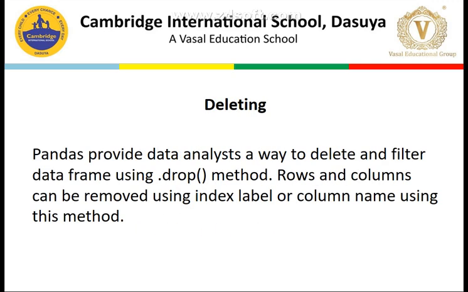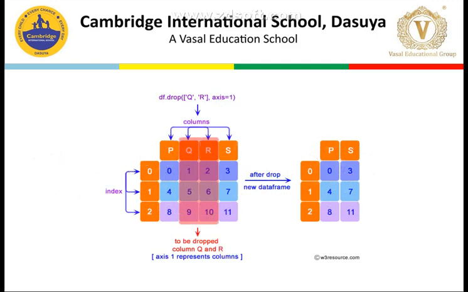Now students, today's topic is deleting, and for that we have the drop function in pandas. In the last example you see here we had 4 columns P, Q, R, S that we made with numpy arange, and then we reshaped that data with the reshape function, making a data frame with 4 columns and 3 rows.